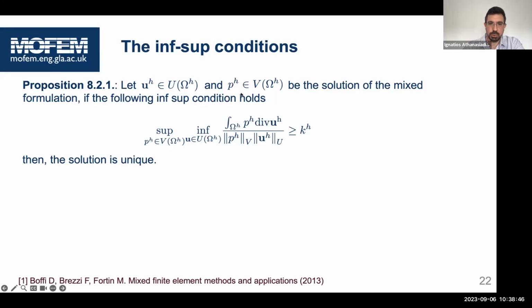And for any space chosen, this relationship has to be fulfilled, where K is a finite number that is independent with respect to the mesh. But if this is fulfilled, then the solution is unique.